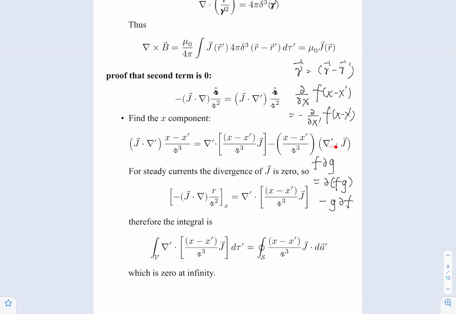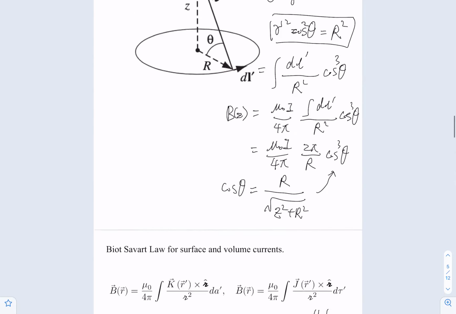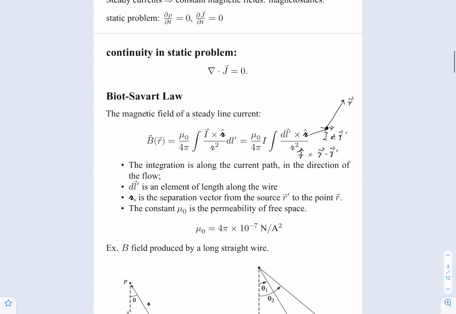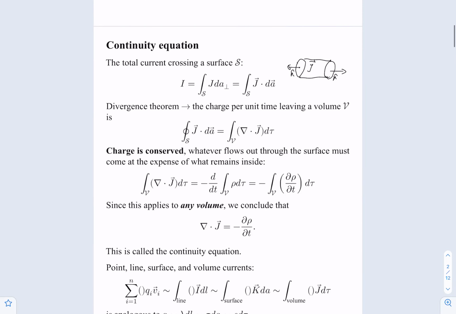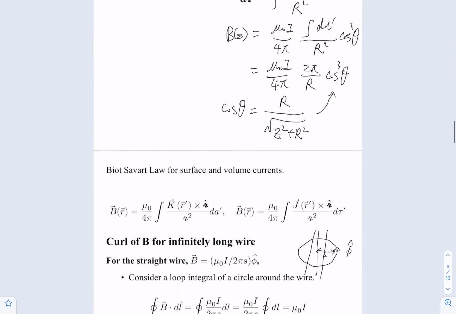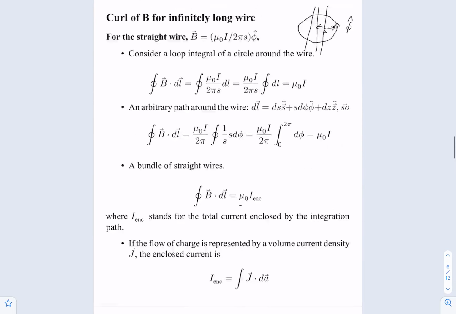Now let's take a look at the second term. For a magnetostatic case, remember that we have the continuity equation, that the divergence of a current equals, I'm not sure if it's negative or positive, so it's this expression, negative partial rho partial t.